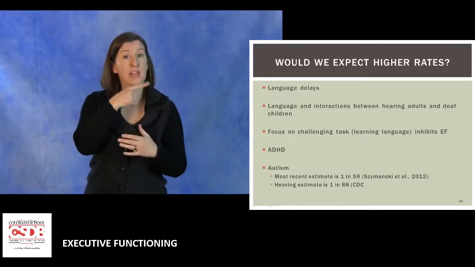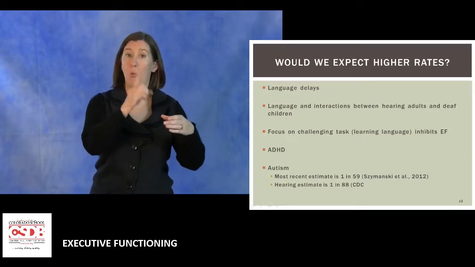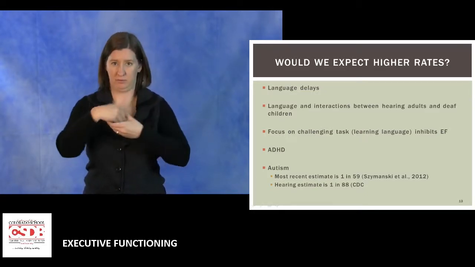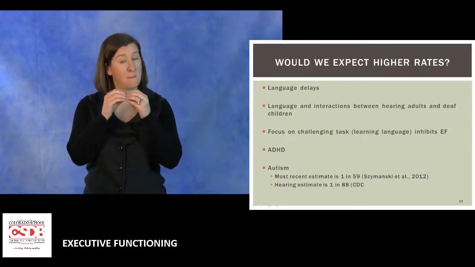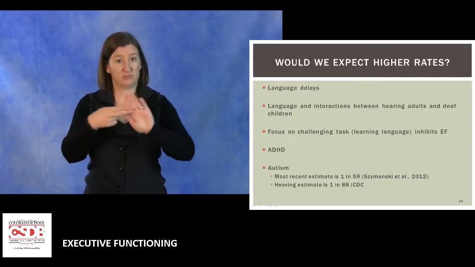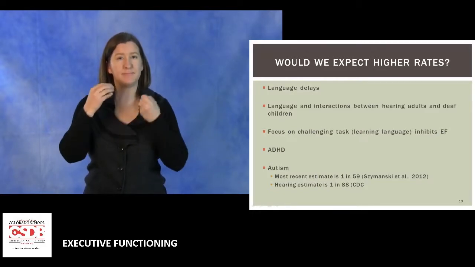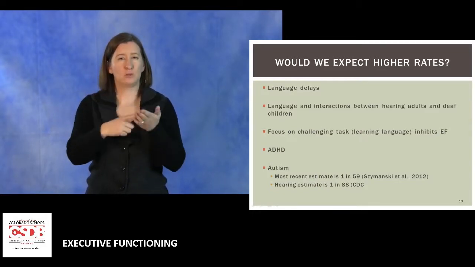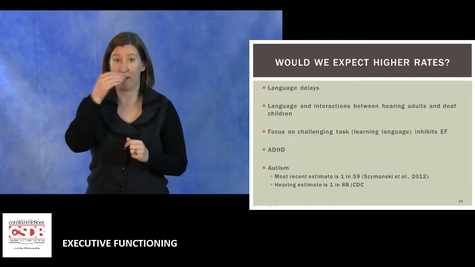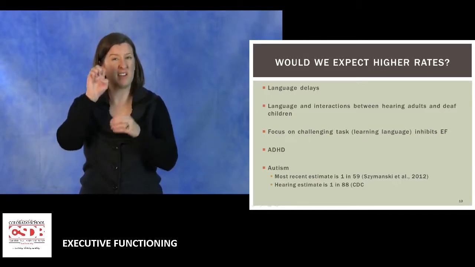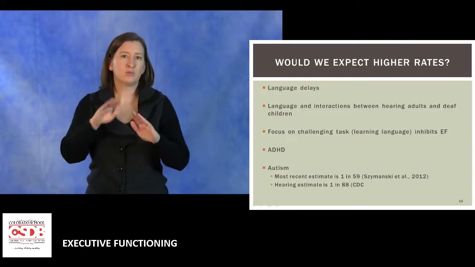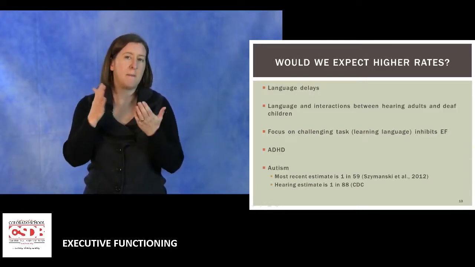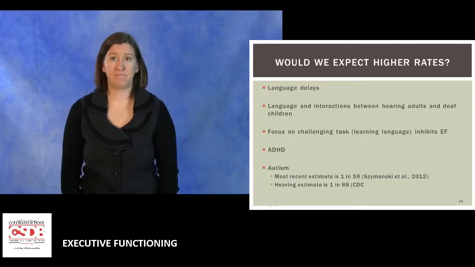That is different than hearing children, where it's about 1 in 88 students that has autism. So we see more deaf and hard of hearing children diagnosed with autism. When we talk about ADHD and autism, there's more EF difficulty with that, and we expect more deaf children to have those problems than the hearing group.